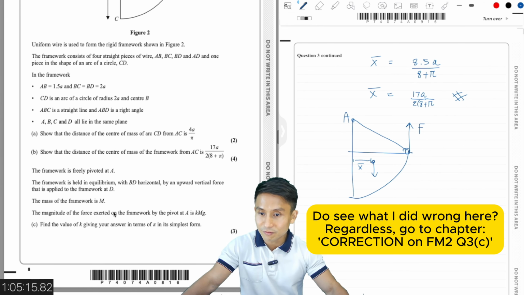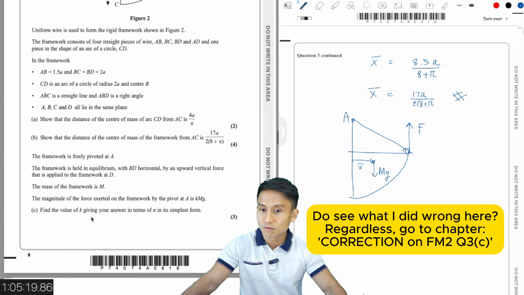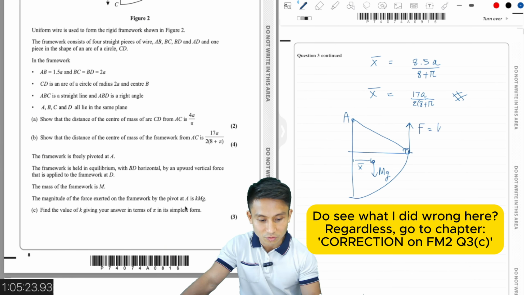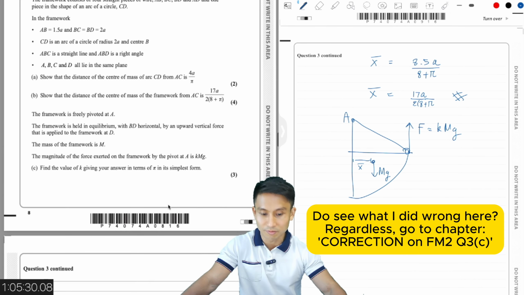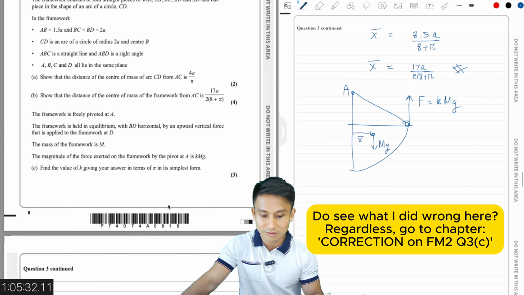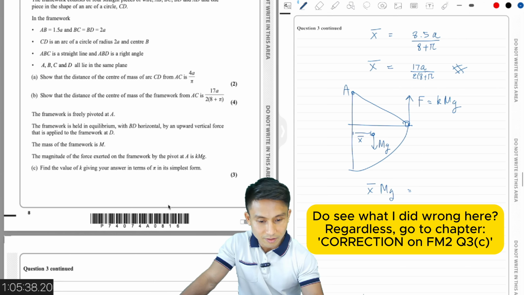Okay, now hang at A. The mass of the framework is m, so this is mg, right? The magnitude of force exerted on the framework by the pivot at A is kmg, so kmg there. Find the value of k, giving your answer in terms of pi in its simplest form. Well, moments, right? So x bar mg equals this distance times the force.